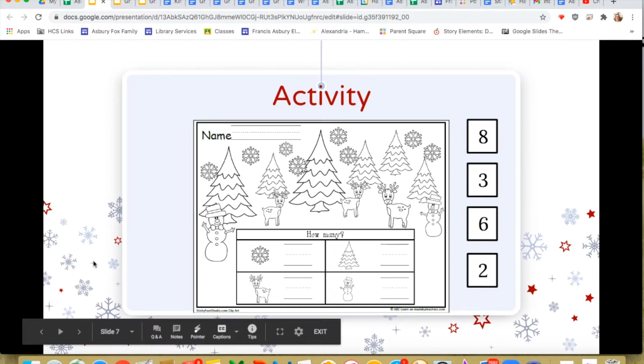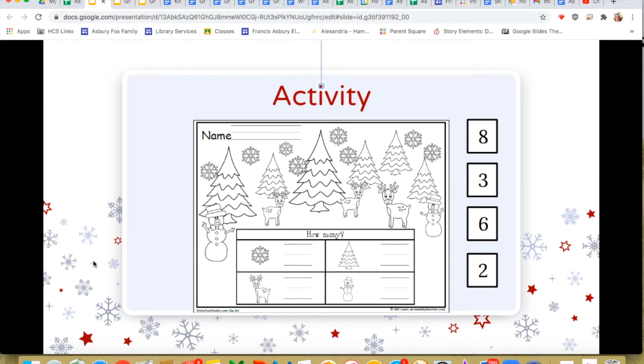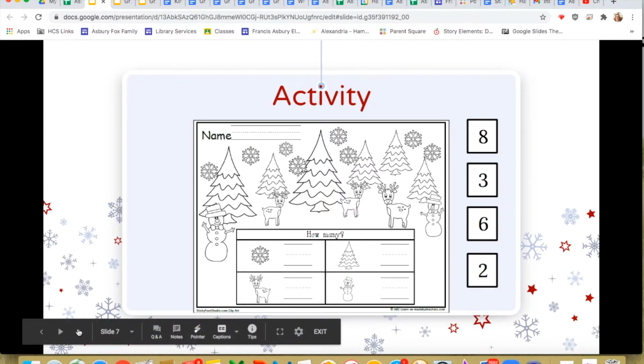And so what you guys could do right now is that you could go ahead, pause the video, and you will see these handouts. These handouts are in your Google Classroom. And if you print each one of them out, then you can start the video back up and you'll be able to do these with Miss T. Okay? So go ahead and pause the video and go print these out and then come back, start the video back, and we'll do these together.